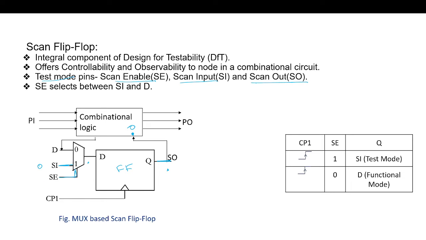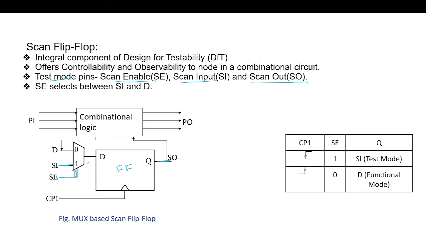I apply a 0 and SI is equal to 1, I get a 0 here, so it can be applied here. Similarly, if I want to see the value here at the output, I can select this and view. So this is how a flip-flop is converted into a scan flip-flop, and the operation of the scan flip-flop.